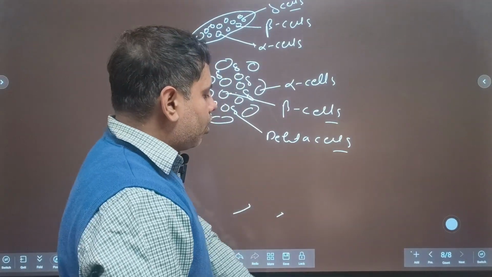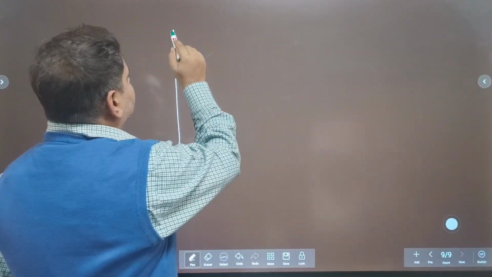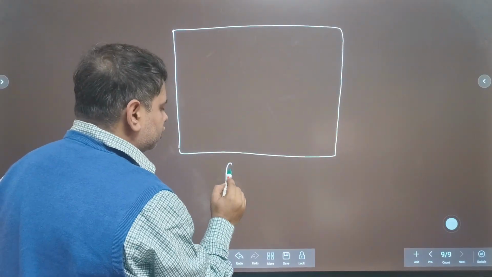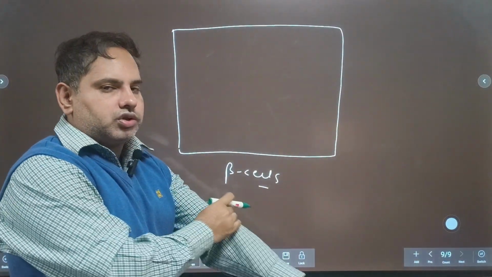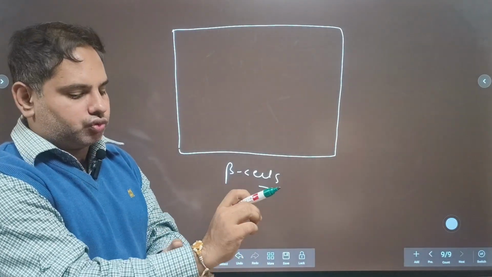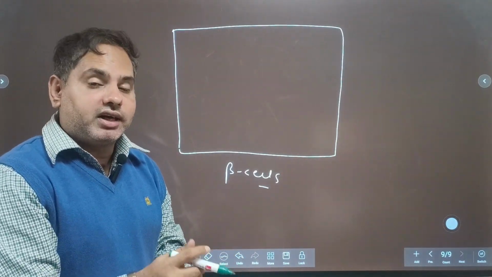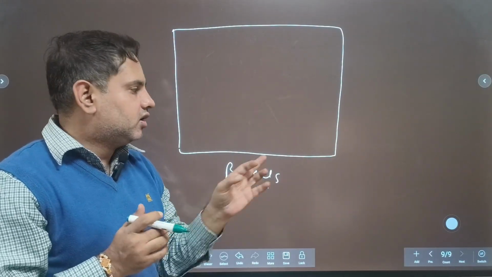I am just taking one cell, this is your beta cell. So what is the beta cell doing? First you have to understand that beta cells synthesize and store insulin.